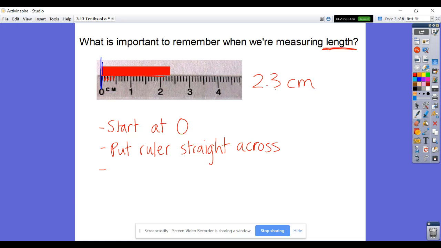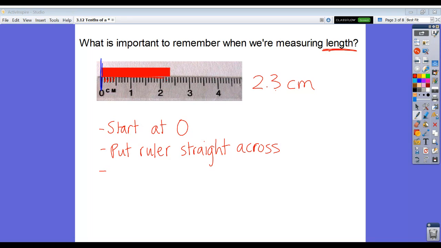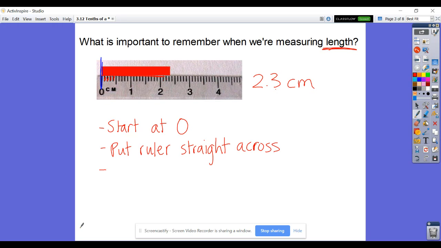One thing you might not have noticed in this example, but most rulers have centimeters or inches, so you need to make sure you're using whatever you want to measure in, in this case centimeters. Don't be on the inches side, because that's going to give you a totally different measurement.